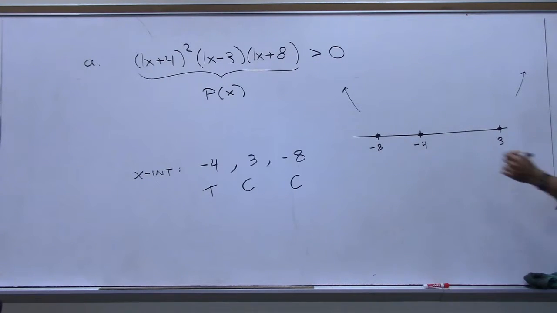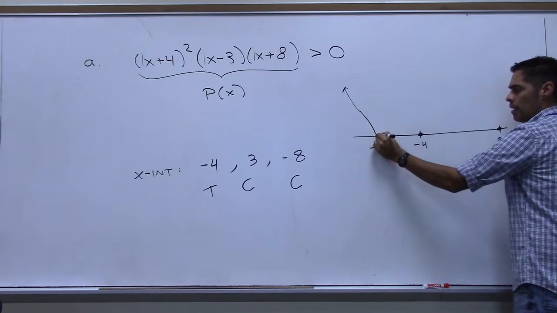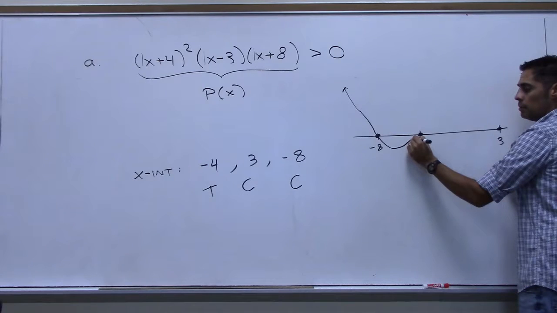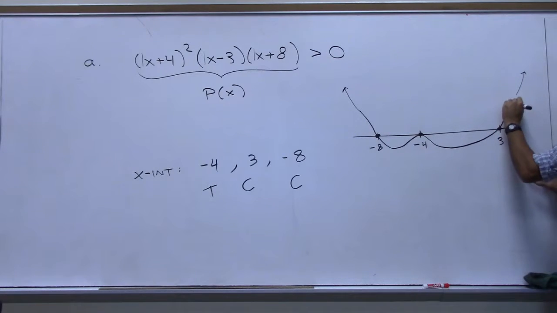I'm supposed to go to negative 8 and cross through, right? And then when I get to negative 4, touch, come back down, and then back through and cross through, like that. That is the sketch of that polynomial function.